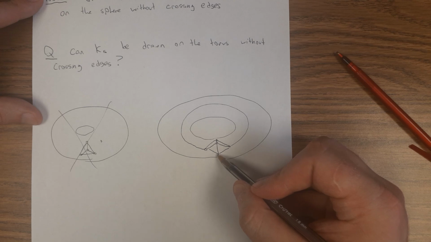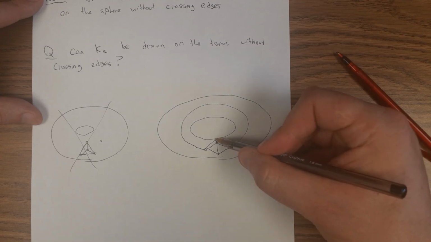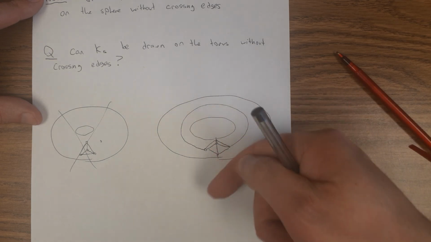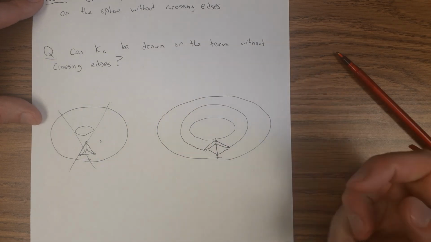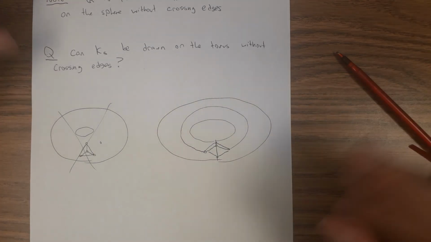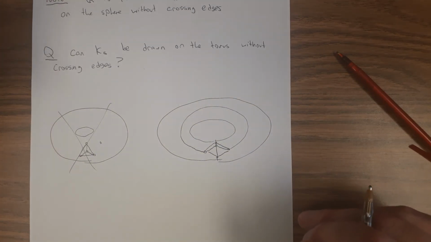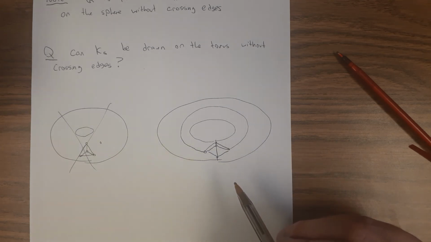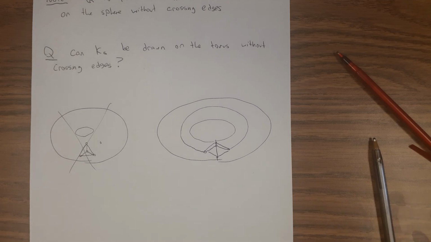And it still needs to be adjacent to this, but I can go around this way, like I'm going around this part of the torus. So that's 5 vertices, and they're all adjacent to each other. So it actually is possible to draw K5 on the torus, even though we can't draw it in the plane.